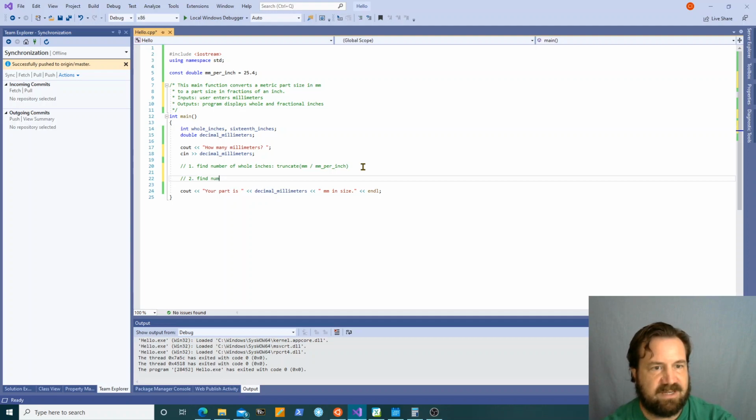2, find decimal part. Okay, so I've got to get millimeters divided by millimeters per inch. What I've got to get is the remainder of that. Okay, what's left over?